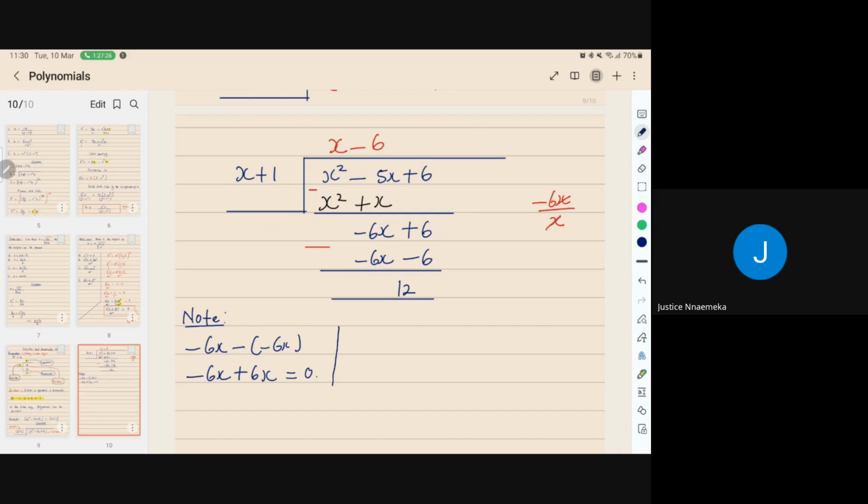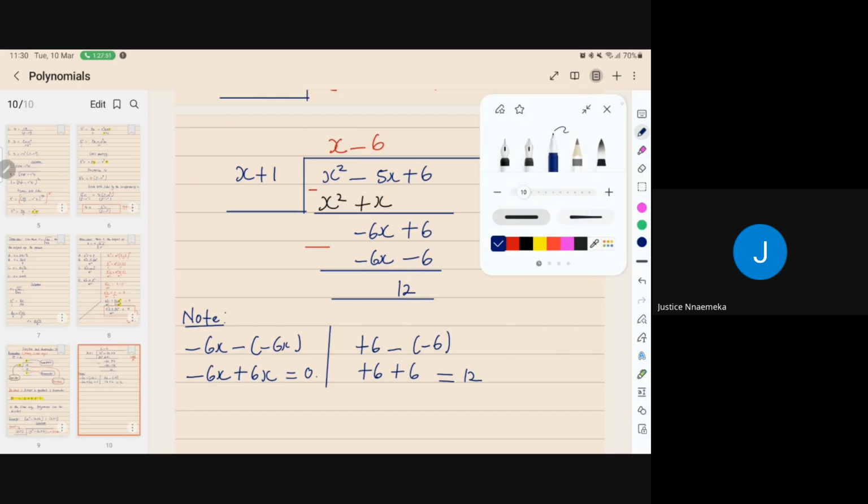That's for the first one. Now, the next one that I did right there is plus 6 minus, minus 6, which is plus 6 plus 6, equal to 12. So this was the mechanism, the process that gave us that very number right there, so we don't get confused.